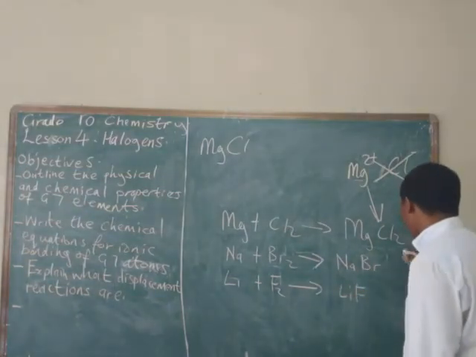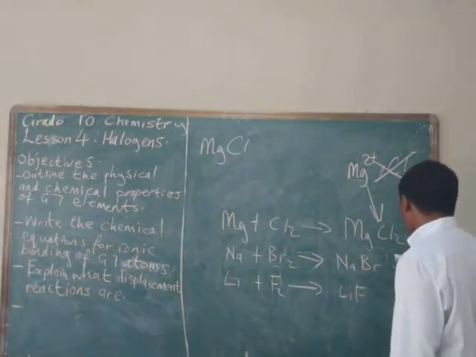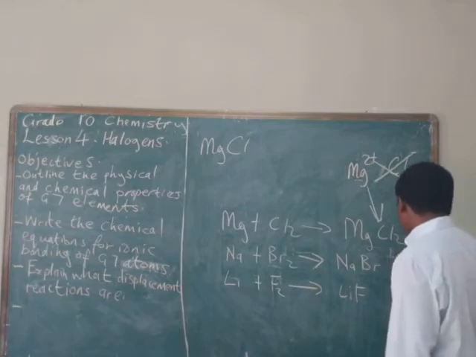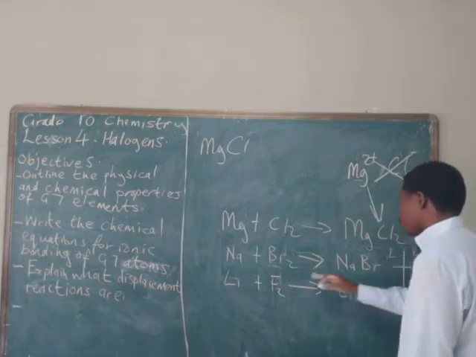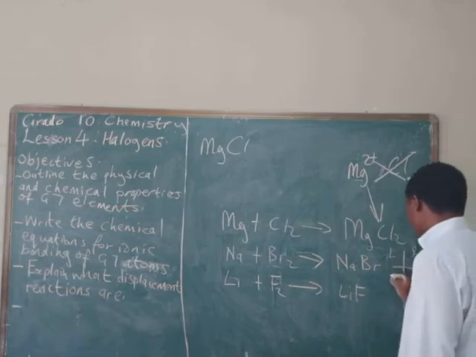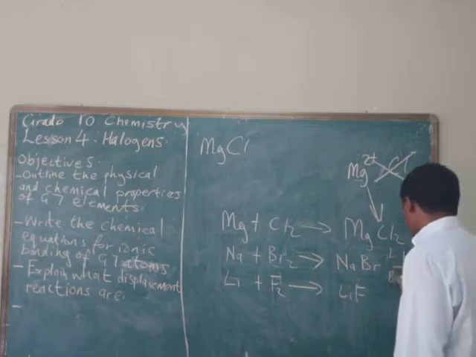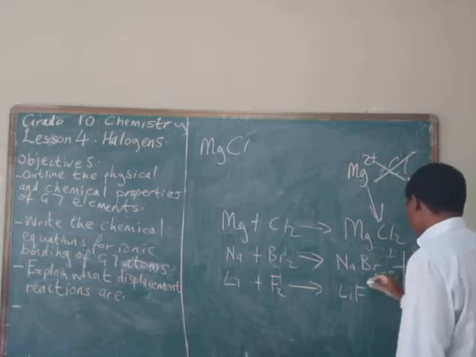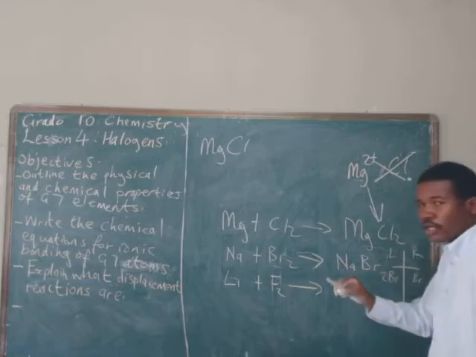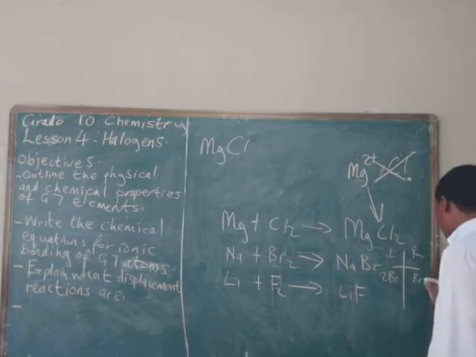So this is the left side, this is the right side. On the left side we have 2 Br, and on this one we have 1 Br. What we can do is multiply, we say times 2, so that we can balance this one.